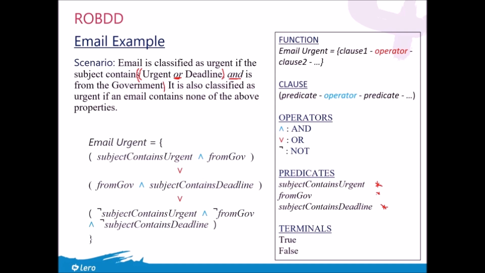and subject contains deadline. Now you may be wondering, why was it done like that? If you look at this representation, x1 or x2 and x3, this is equivalent to x1 and x3 or x2 and x3.